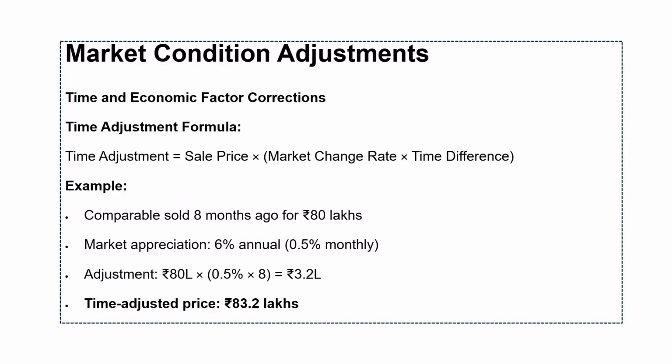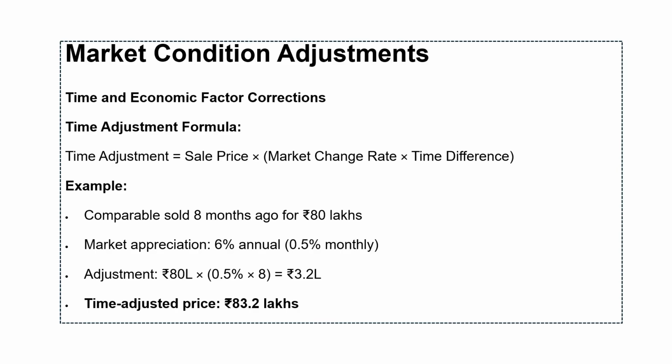Then market condition adjustments. So time adjustment is equal to sale price into market change rate into time difference. Here we have an example where we can see a comparable sold 8 months ago for 80 lakhs, and we are talking about market appreciation of 6% annually, and then we are doing the adjustment here.